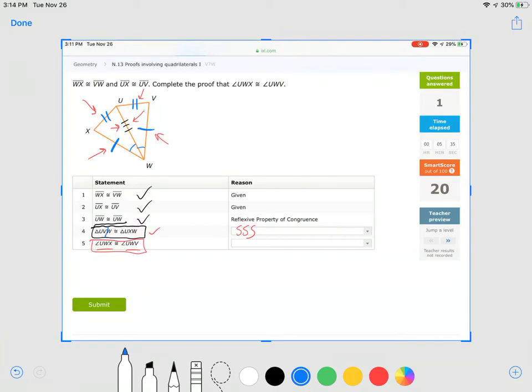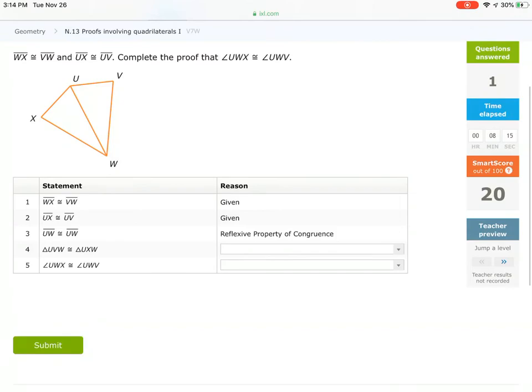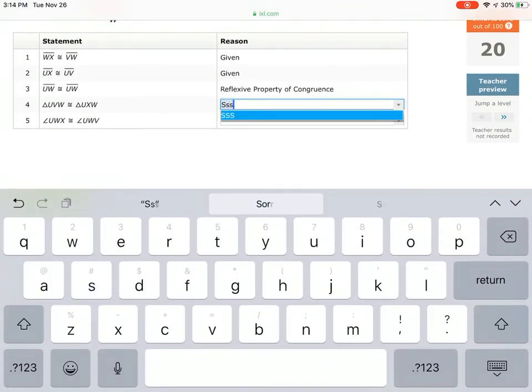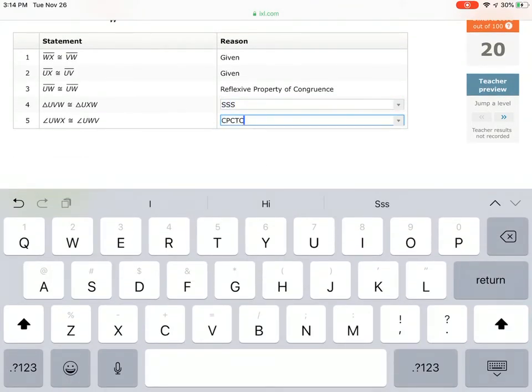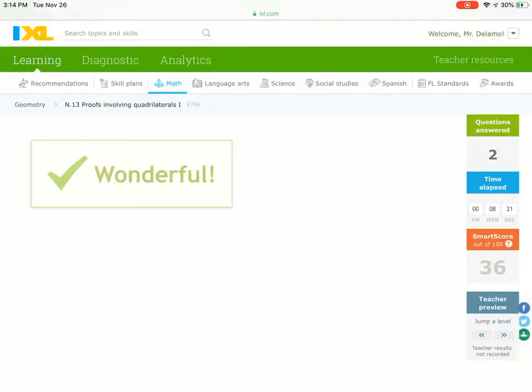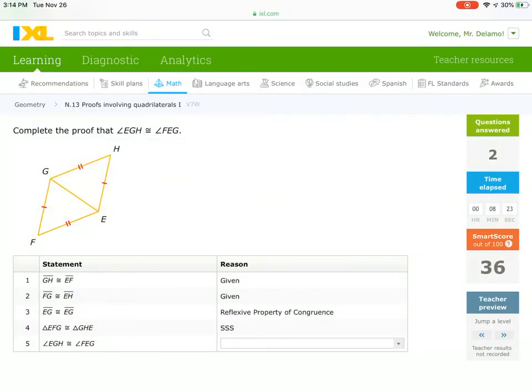Notice the W is on the right end, and that's what we're saying, the two angle W's are congruent. So this is CPCTC. Okay, let's plug that in, make sure, side, side, side, and CPCTC. Okay. Next one.